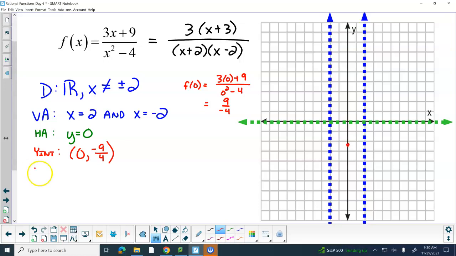X-intercept. Negative 3, 0. How'd you get that? It should be on everybody's supplemental note sheet. Set the numerator equal to 0 and solve. 3x plus 9 equals 0. So 3x is going to be negative 9. So x is going to be negative 3.